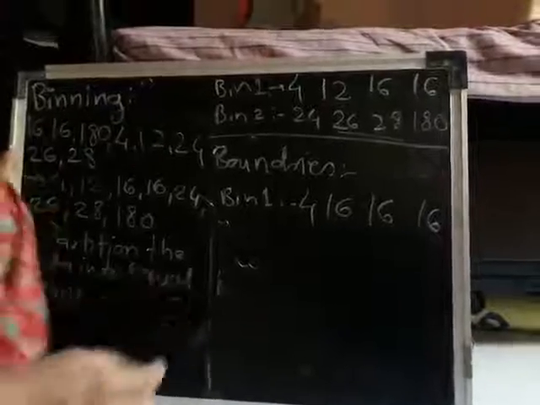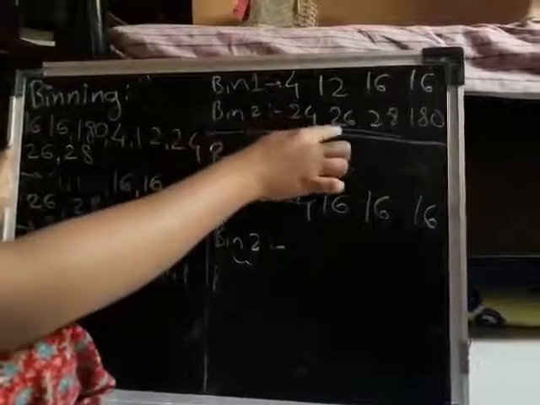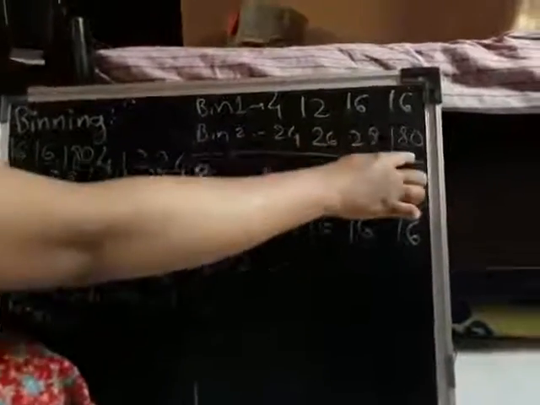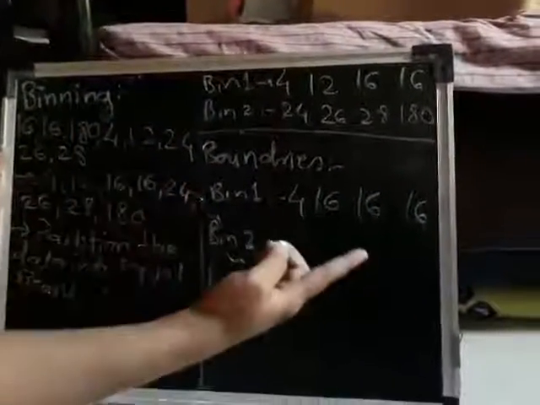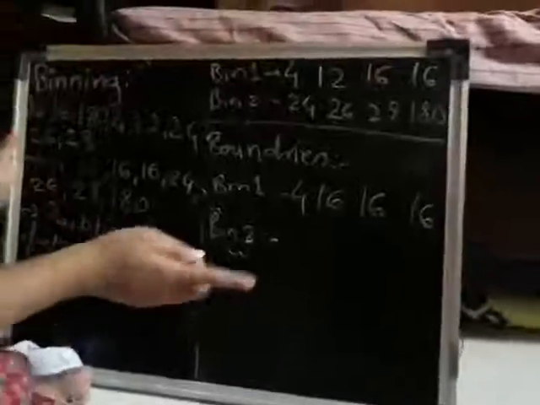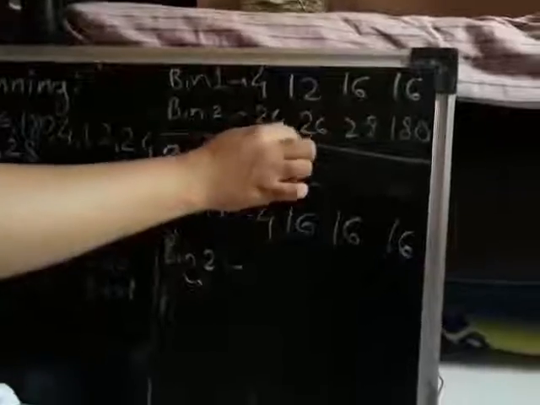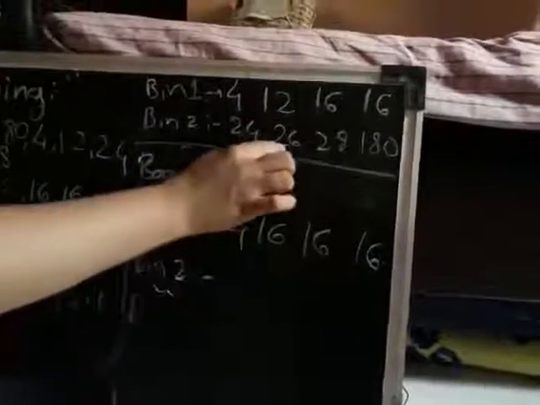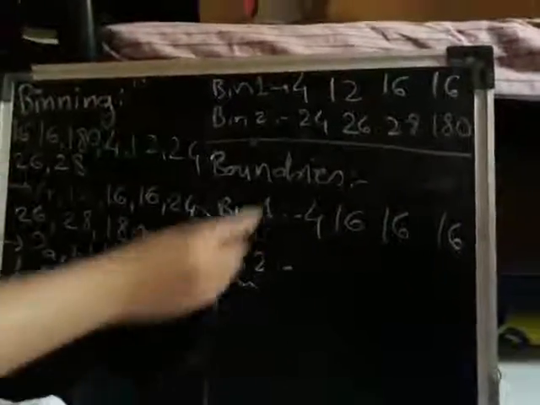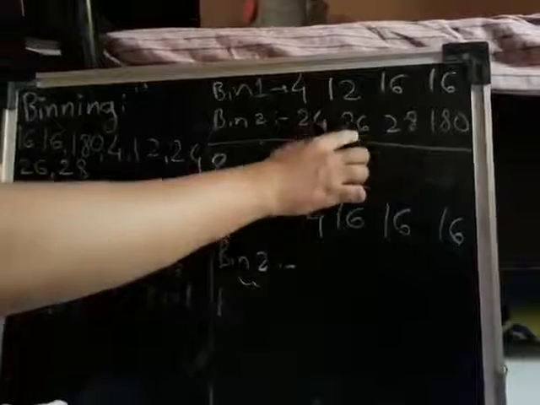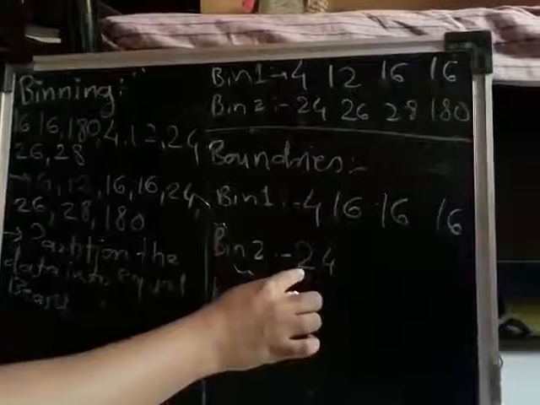Same way for bin 2. 24 is the minimum boundary, 180 is the upper boundary. You can call it the minimum or maximum boundary, or the lower boundary and the upper boundary. So we have to calculate the distance. For 26 and 24, the difference is 2, but the difference between 26 and 180 is more. So 26 is nearer to 24. Replace this 26 with 24. The first element, the lower boundary, stays as it is.